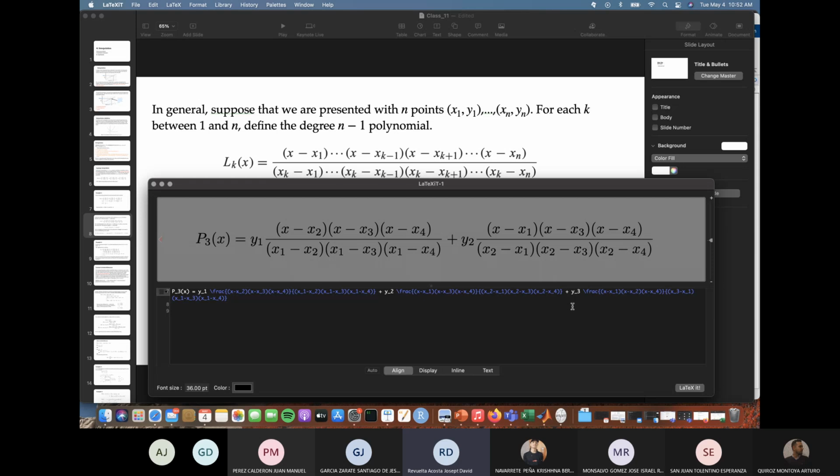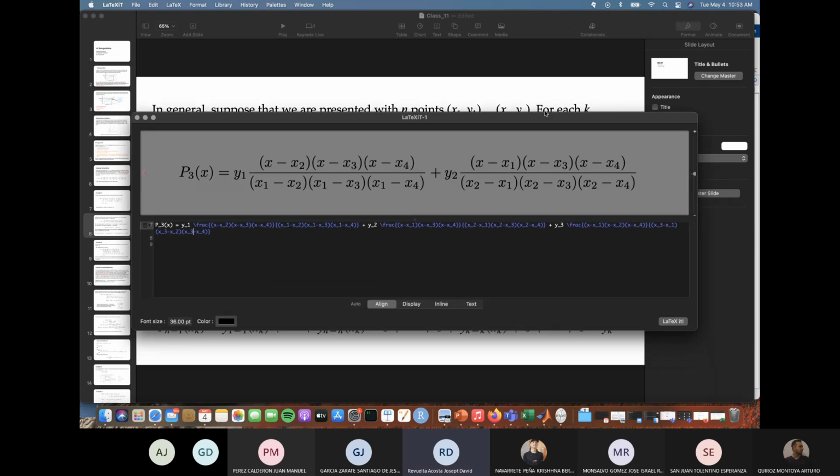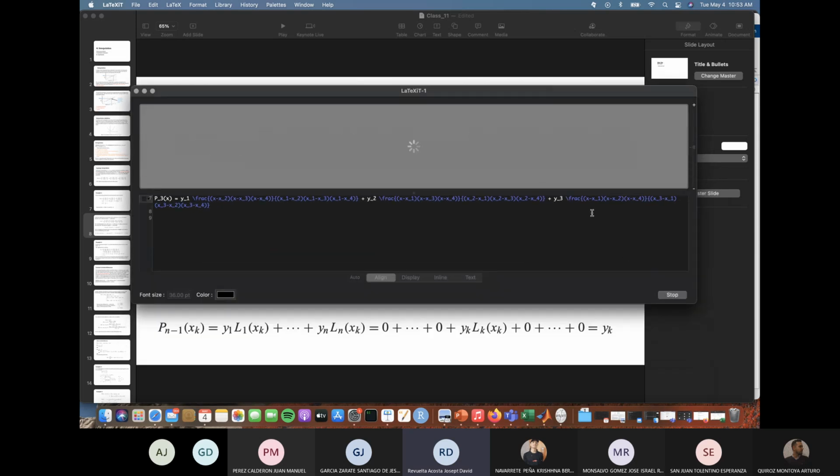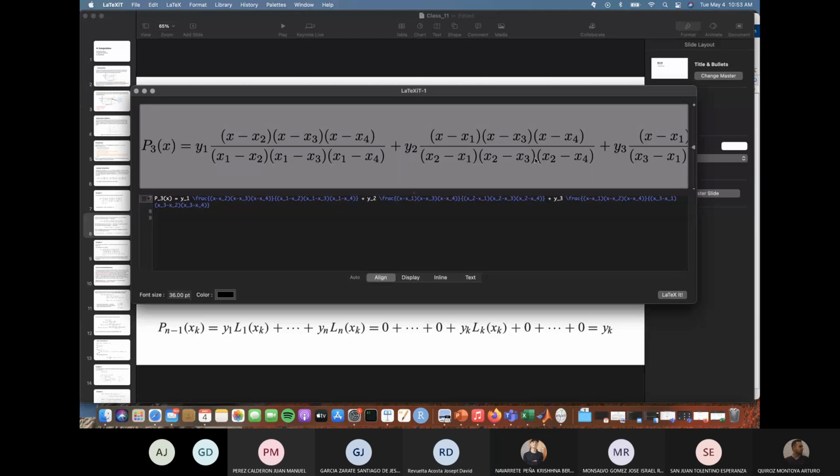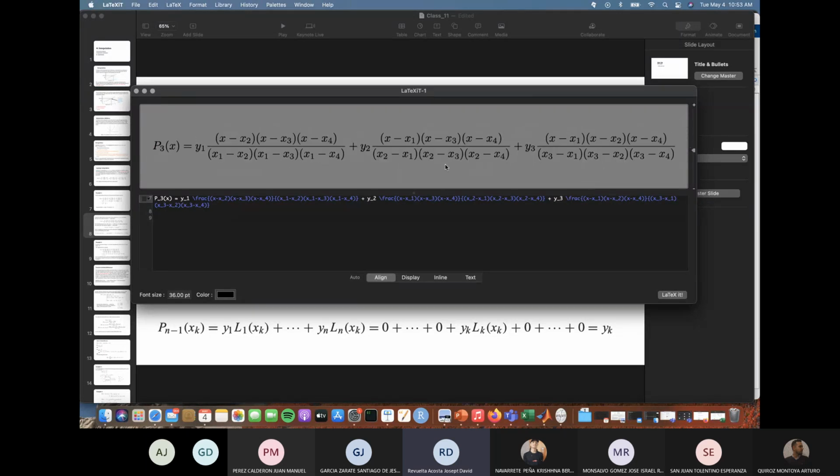This is going to be X3, X2, and this is going to be X3, X4. So the third term would be equal to this one. It is almost impossible to show you that right here. So that's the third term, right?